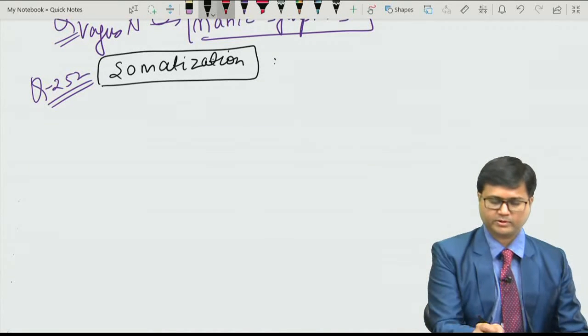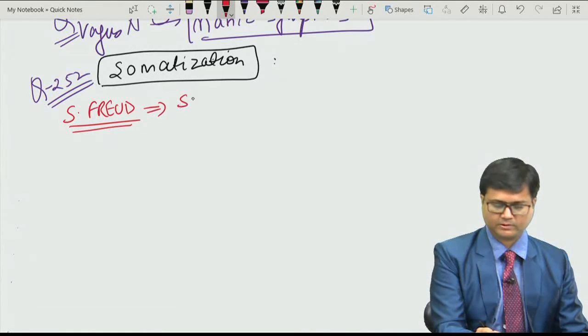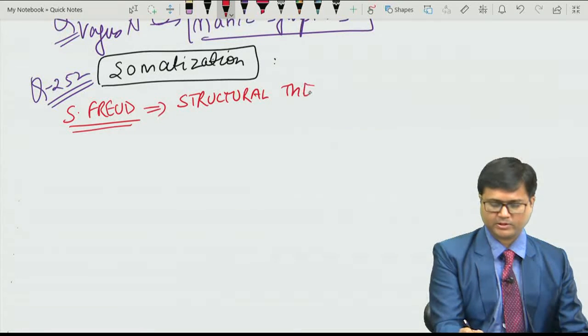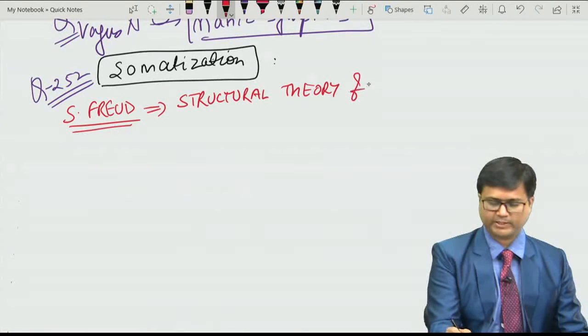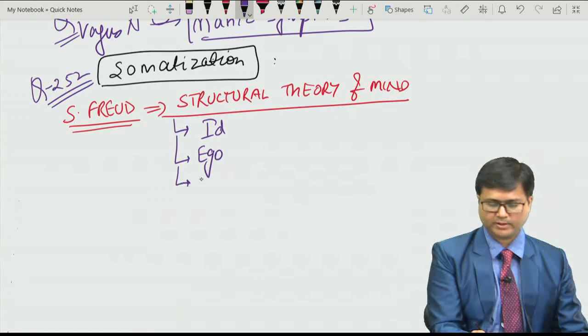Now we know that Sigmund Freud gave the structural theory of mind, in which he divided mind into id, ego and superego.